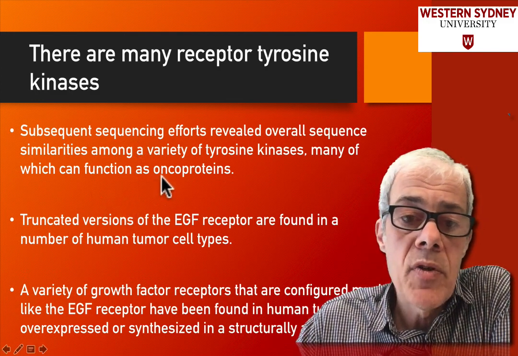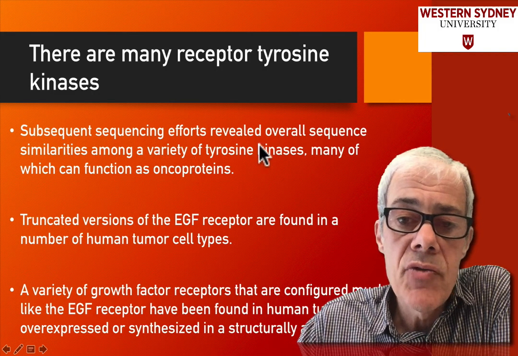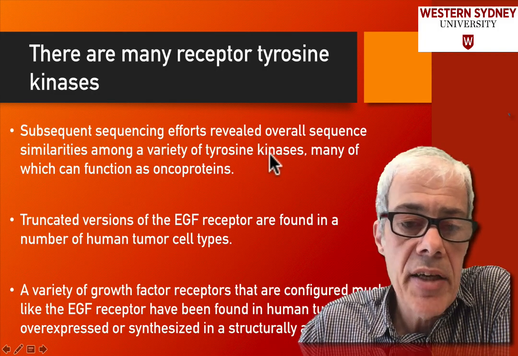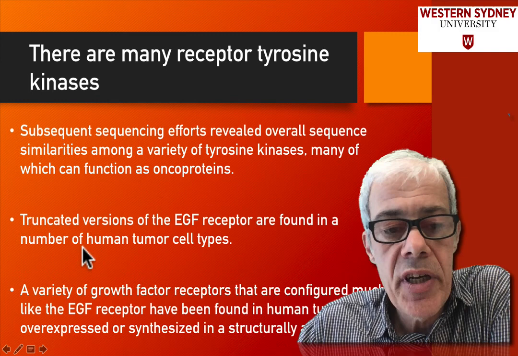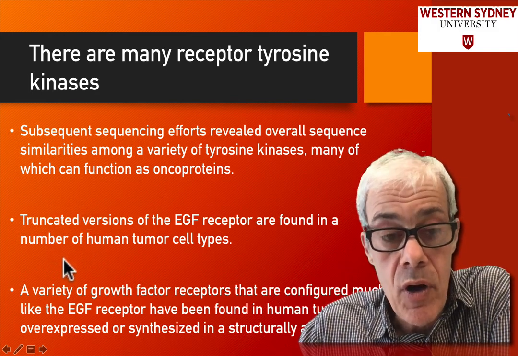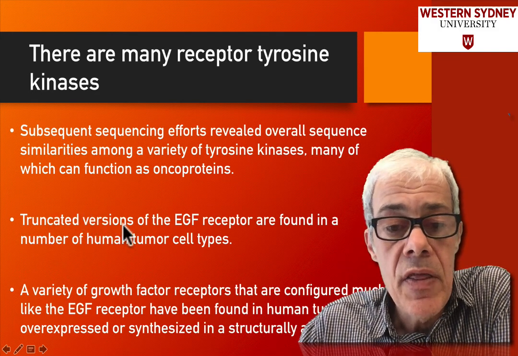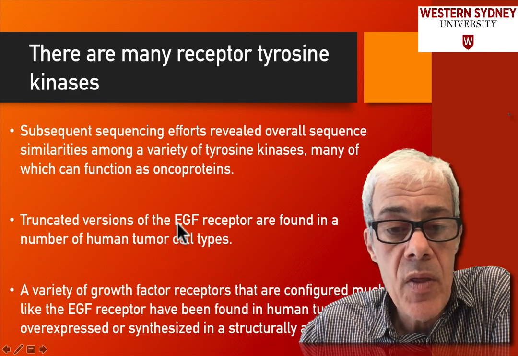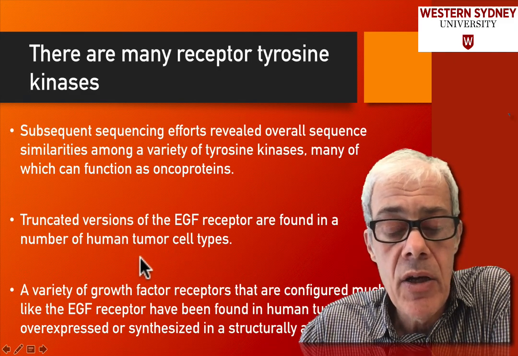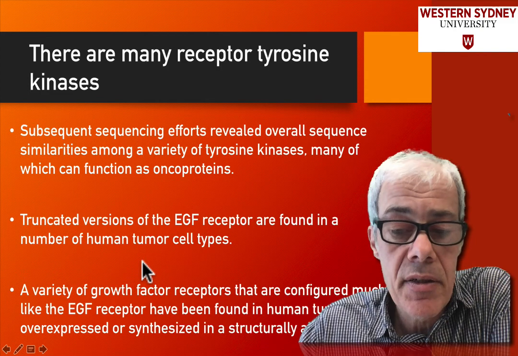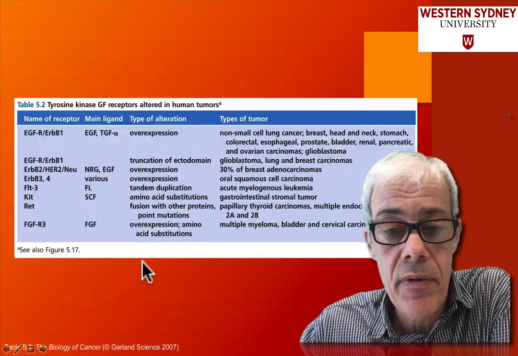So we now know that many of these receptor molecules contain tyrosine kinase domains. When these proteins are mutated, which is often found in tumor cells, then the truncated version of the protein no longer regulates the tyrosine kinase, and the tyrosine kinase is overactive.